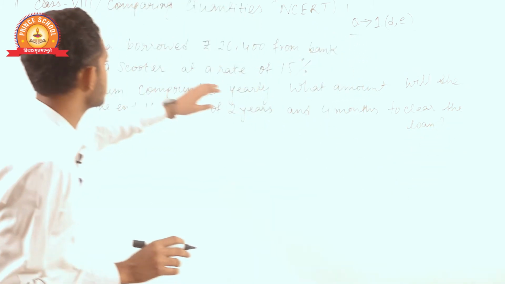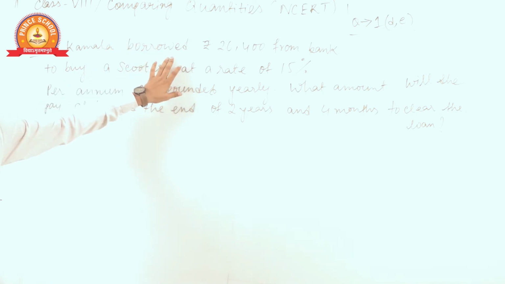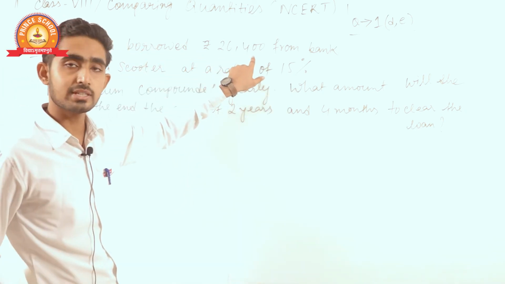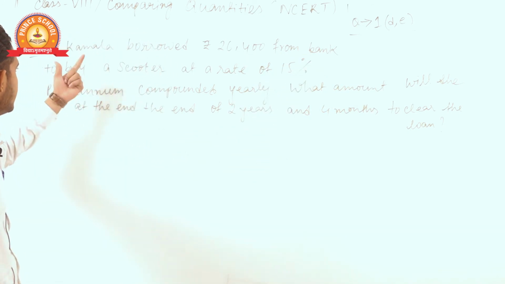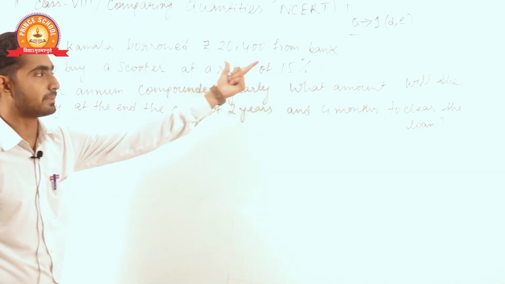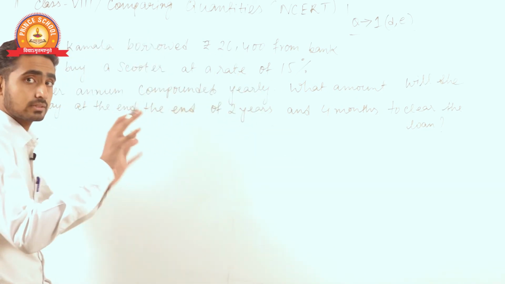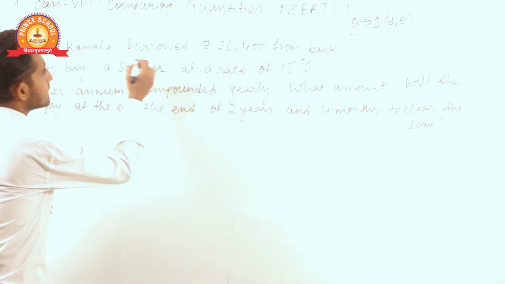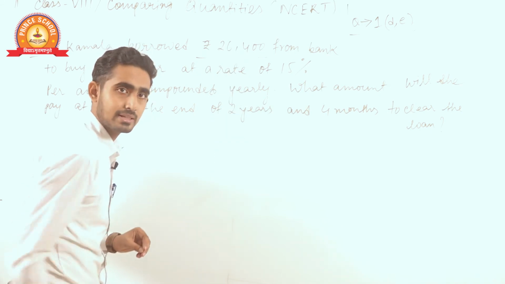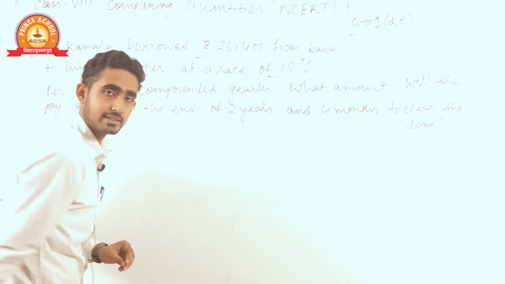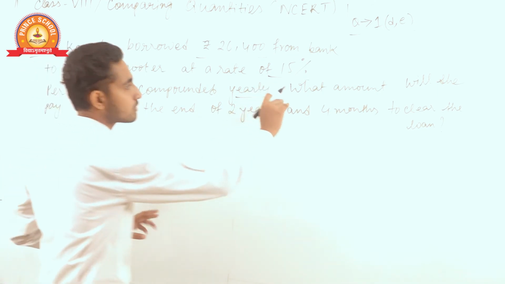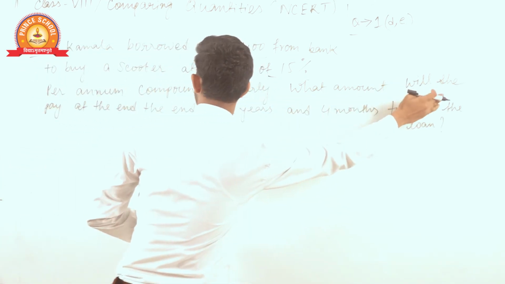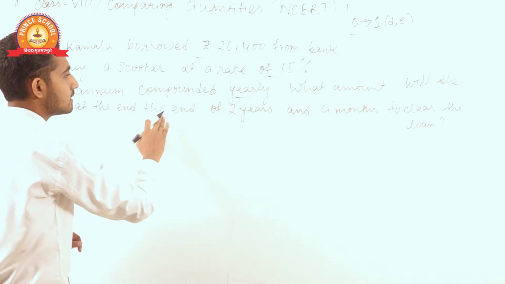If you observe the question, Kamala borrowed rupees 26,400 from a bank to buy a scooter at a rate of 15%. That means in your question, principal is given, rate of interest is given, yearly is given. Now your question says what amount will she pay at the end of 2 years?